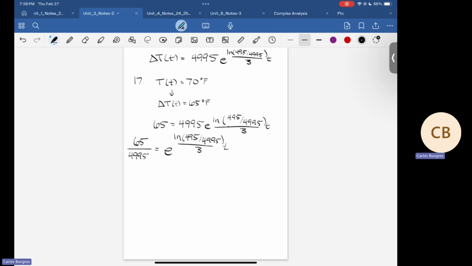Rewriting as a logarithm, and then multiplying by the reciprocal as well, and condensing some steps, I get that t should be equal to 3 times the ln of 65 over 4995, over the ln of 495 over 4995. We did it in class. I think Sammy said that this worked out to be like 4.66 hours, which sounds about right.